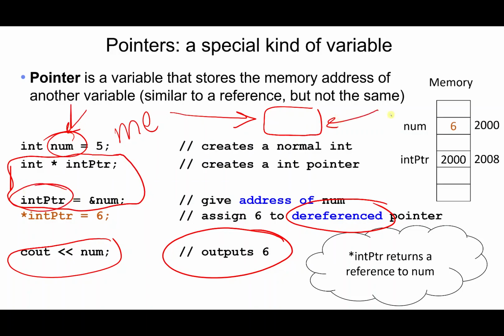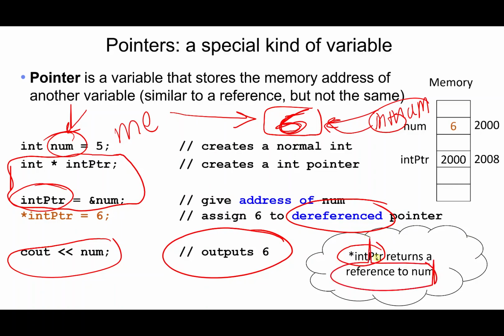Now I give you privileges to change and to see what's inside the box. So I put $5, and you can come in here and see what's inside the $5 if you want to use it. And if you want to put more, extra $1, that makes it $6. So asterisk in ptr to dereference the pointer, that returns a reference to num.